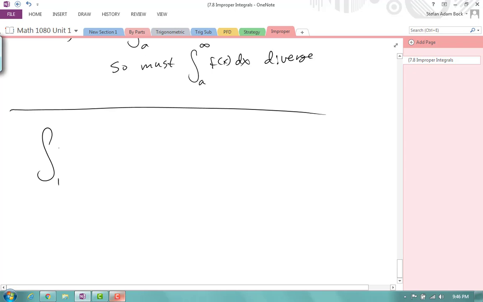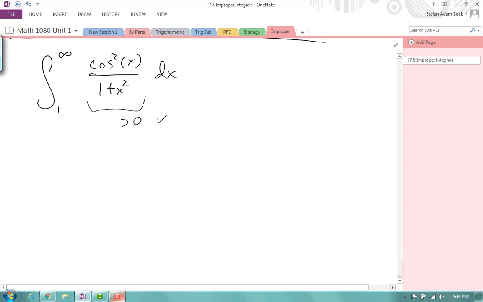Well, let's suppose I had the integral from 1 to infinity of cosine squared of x all over 1 plus x squared dx. Notice that this function is positive. So that's a big checkaroo. I'm looking at it, and what I see on the denominator here is an x squared.